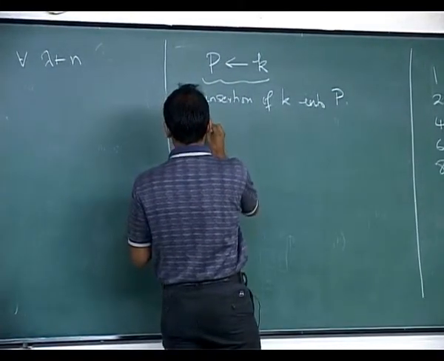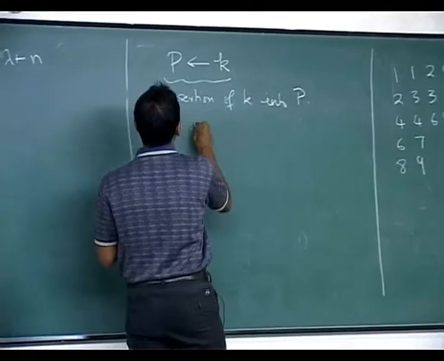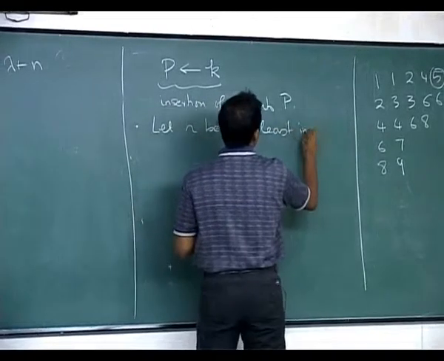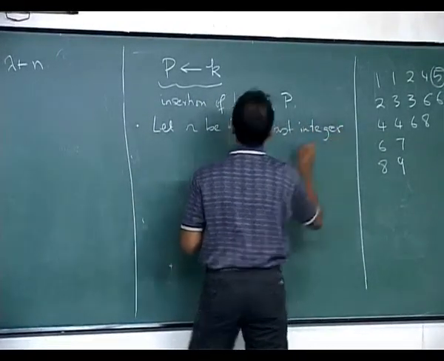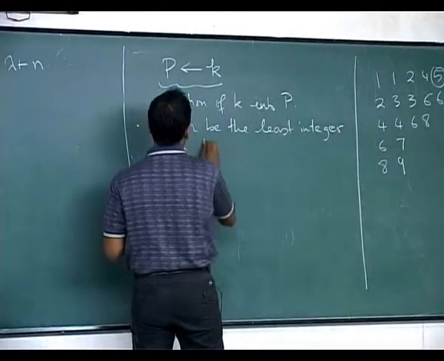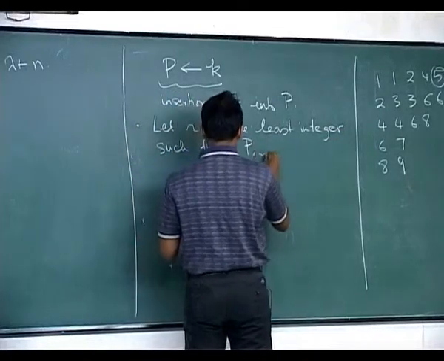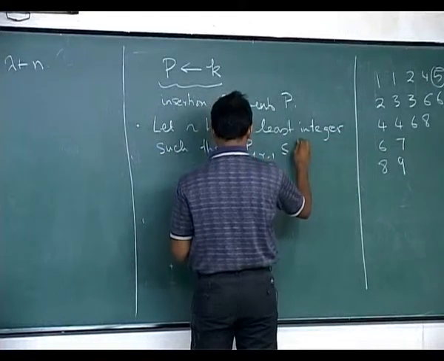Officially, I'll say let r be the least integer such that P_{1,r-1} is less than or equal to k.